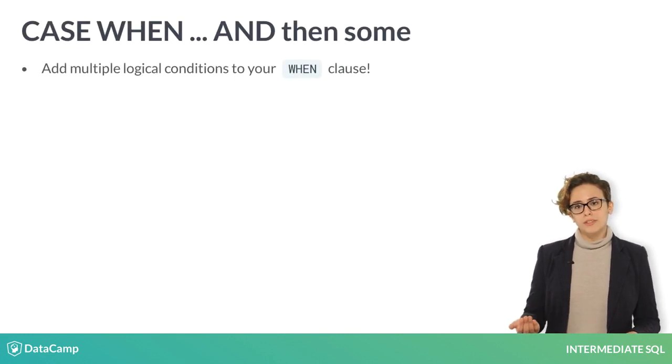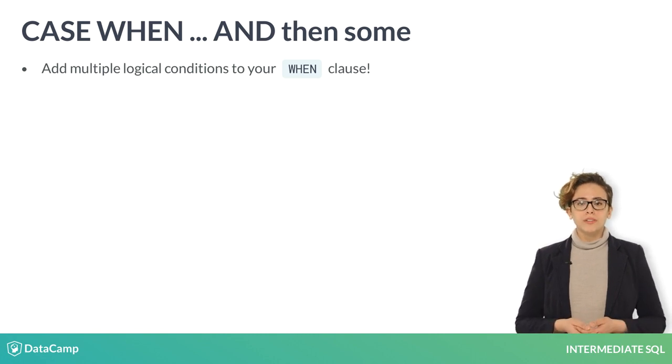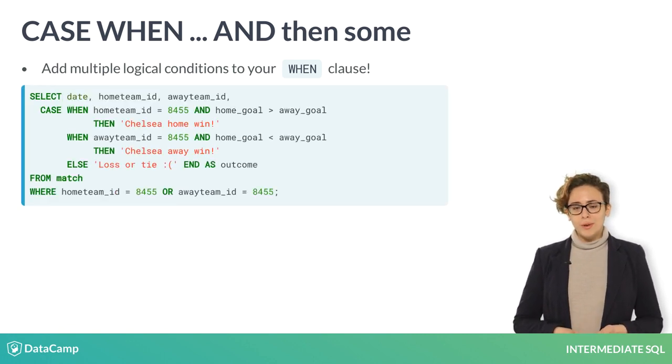If you want to test multiple logical conditions in a case statement, you can use AND inside your when clause. For example, let's see if each match was played and won by the team Chelsea. Let's see the case statement in this query.